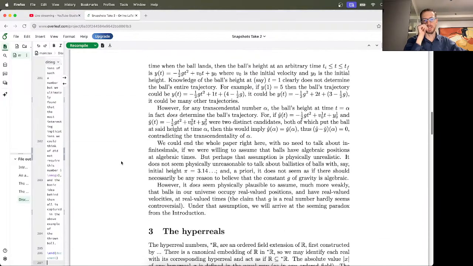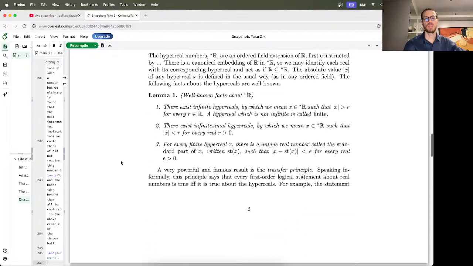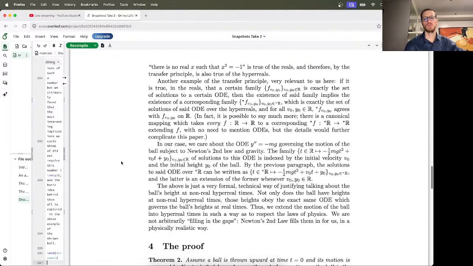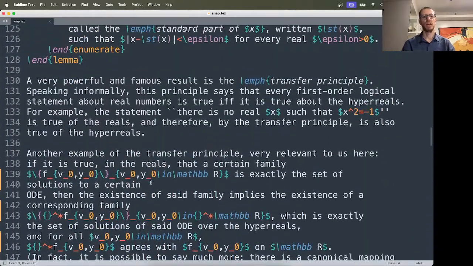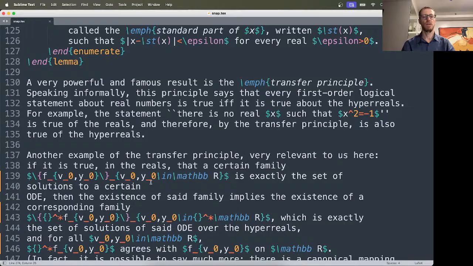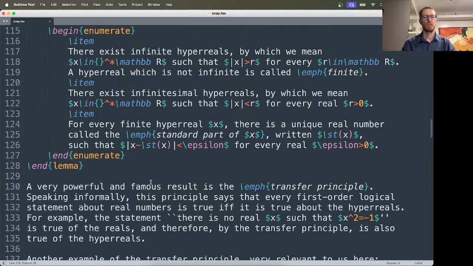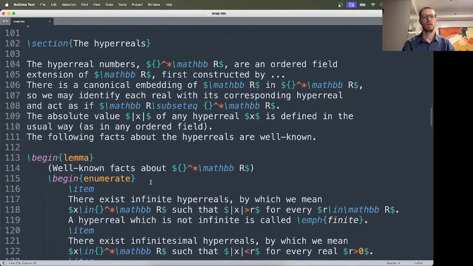I realized that in the hyperreal section, the discussion about justifying filling in the positions of the balls is a little more complicated than necessary, because we know the general form of the height functions, because the balls are governed by y'' = -mg. So we're going to fix that, and then we're going to fill in references, and we're going to write the abstract.